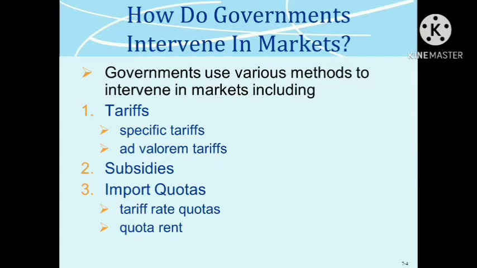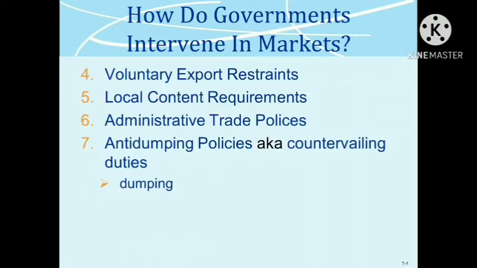So we're going to discuss what a tariff rate quota and quota rent are. Four, we have voluntary export restraints. Five, local content requirements. Six, administrative trade policies. And the last, we have anti-dumping policies, also known as countervailing duties.